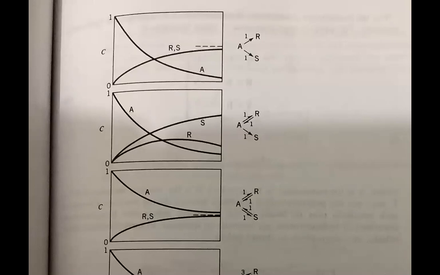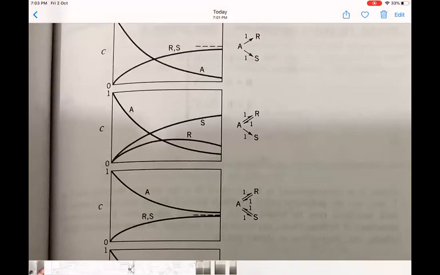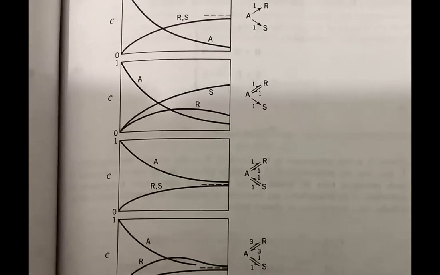So this is A gives R gives R. That is, let's say, the concentration profiles. Now when you are talking about A reversible R and S, S will be directly increasing. R will increase, but later on because of A formation, R will start to decrease.